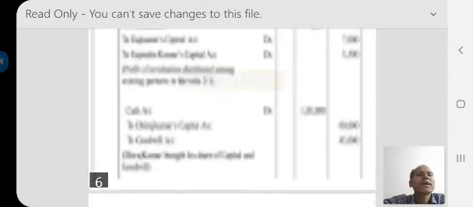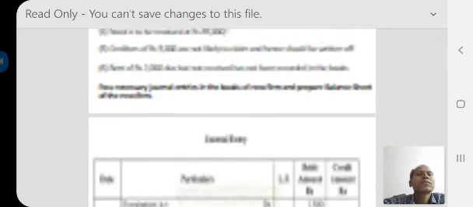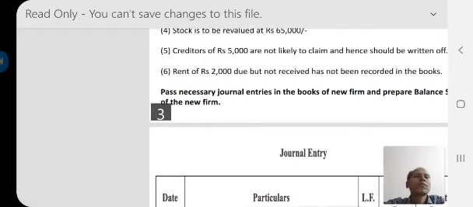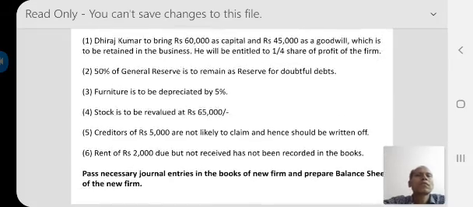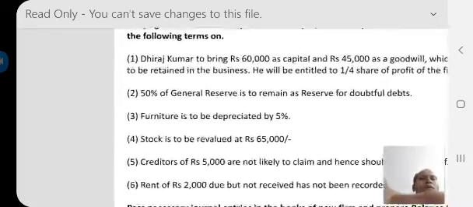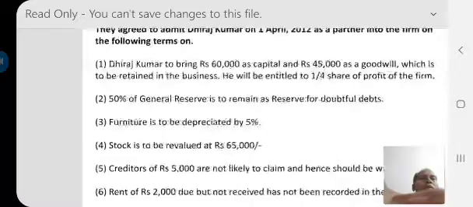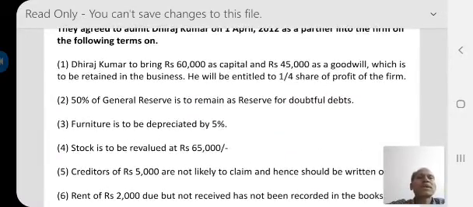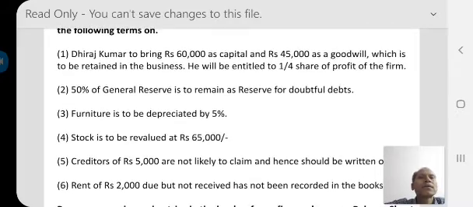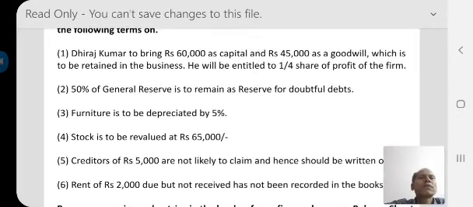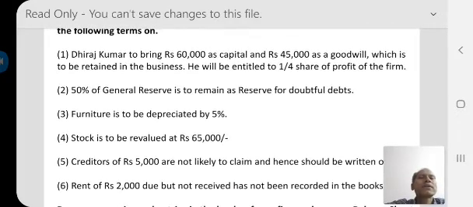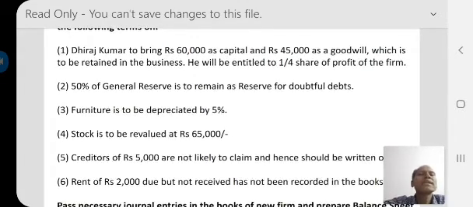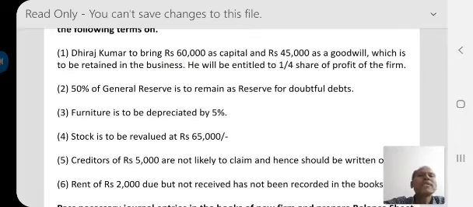We shall see once again: 60,000 as capital, 45,000 as goodwill, and goodwill is to be retained in the business.